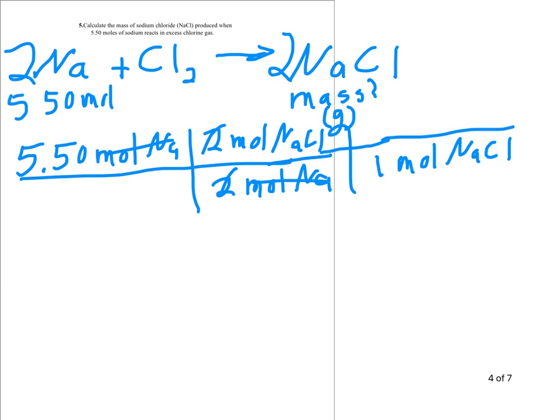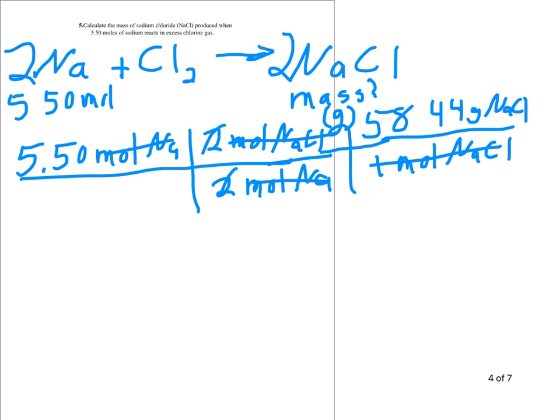Chlorine, add that on. Chlorine is 35.45. Gives me 58.44 grams of sodium chloride in a mole of sodium chloride.